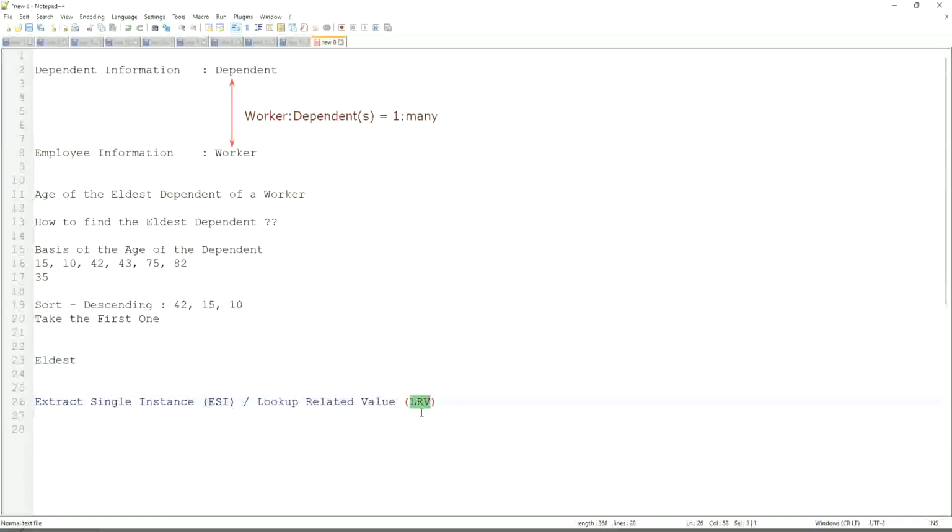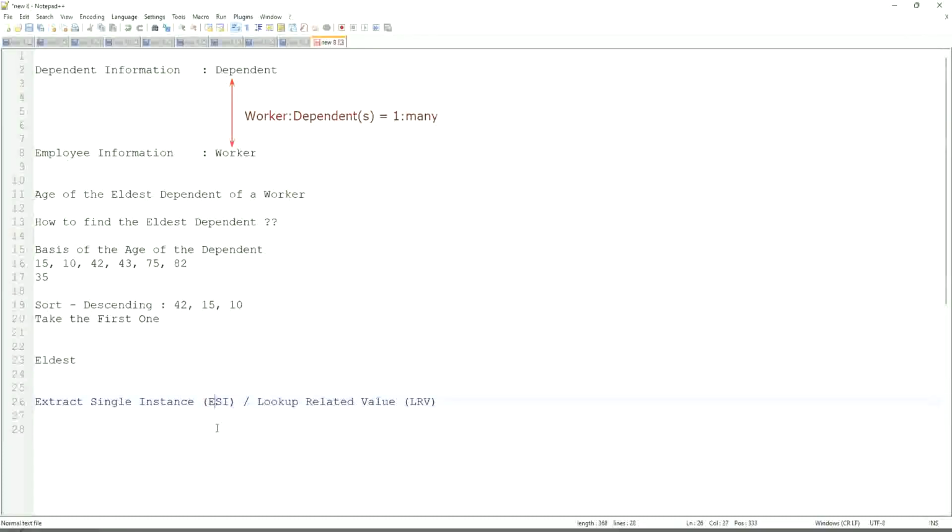Once we extract the ESI, we use it to get some value. That's the LRV. Like here, we are going to get the age of the eldest dependent. The eldest dependent will be returned by the ESI, and the age of that eldest dependent will be an LRV. This will be a very, very common question.